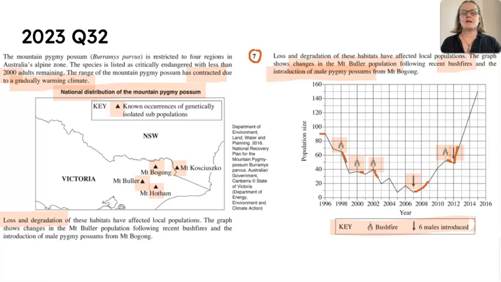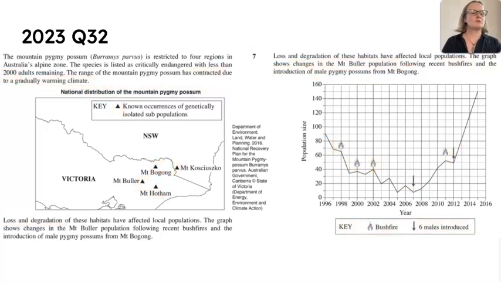So at the beginning, in 1996, the population was 90 on Mount Buller. And at its worst, it got down to about 8 individuals. So hopefully that will give us some information to address our questions.